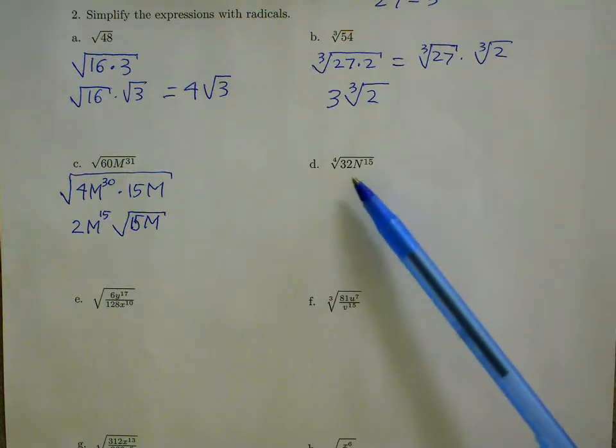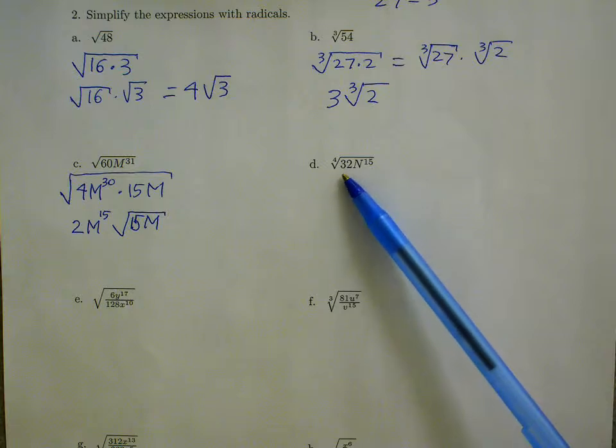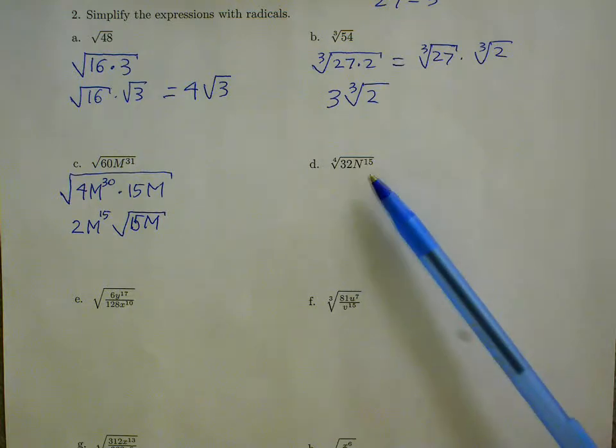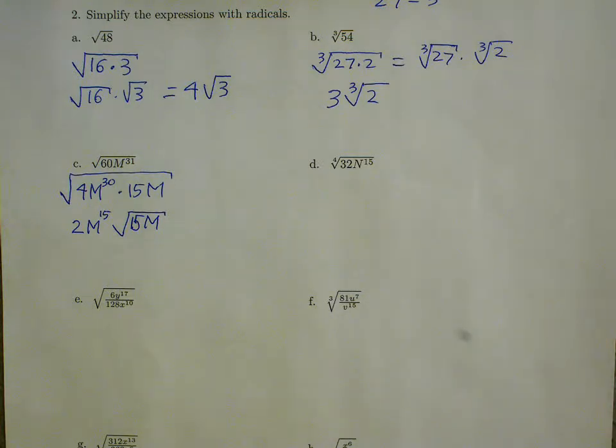So first find the largest factor of 32 that is a perfect fourth power, and then find the largest factor of n to the 15th that is a perfect fourth power. Start with 32. What's the largest factor of 32 that is a perfect fourth power?